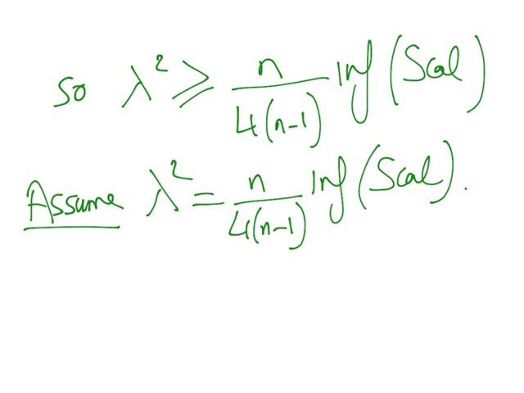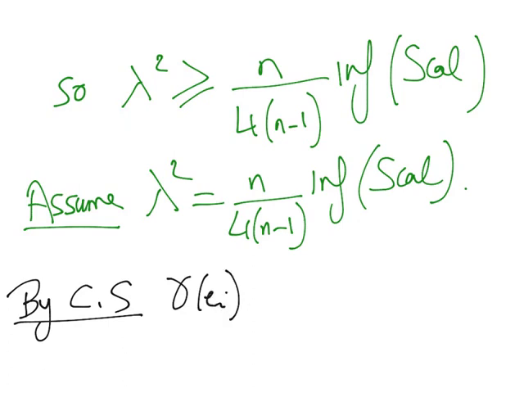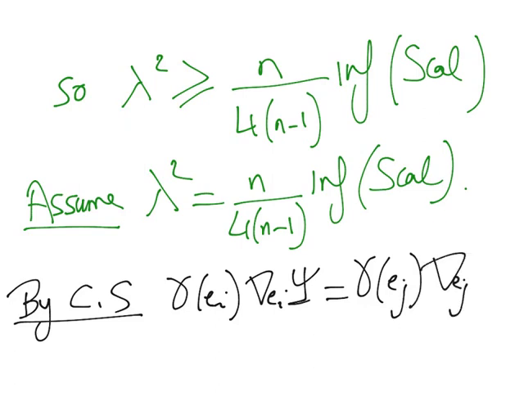If equality holds, then all the previous inequalities should be equalities. So by the Cauchy-Schwarz characterization of the equality case, we should have gamma(e_i) nabla_{e_i} psi equal to gamma(e_j) nabla_{e_j} psi for all i, j between 1 and n.